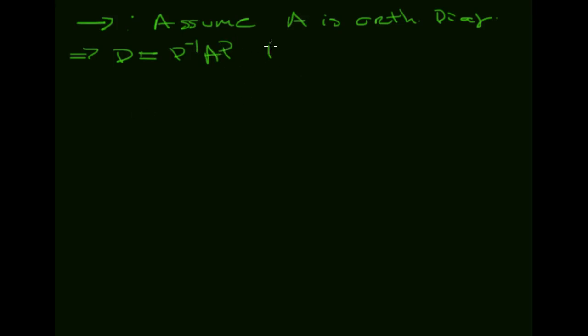Where P is orthogonal. Alright, so if I rewrite this, I'm going to get that A is equal to P D P inverse, which also means that this is equal to P D P transpose because P is orthogonal.